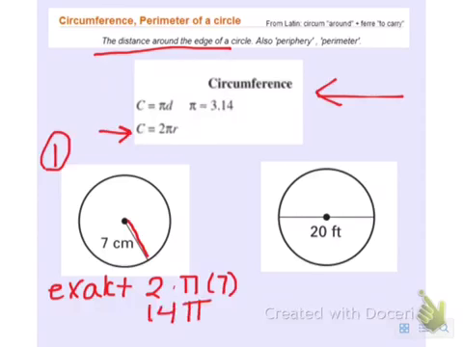All right, if I want to find an estimated measurement for that circumference or the distance around the circle, all I do is I take my calculator and I multiply 14 times pi. And the pi button is right next to the ANS button, the answer button, so I would press Shift pi, and that's going to give me 14 pi, and I have to hit the SD button to get 43.98, and I'm going to just round to the nearest hundredth, so I need 2 decimal places.